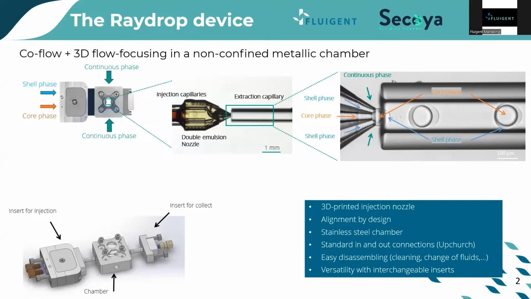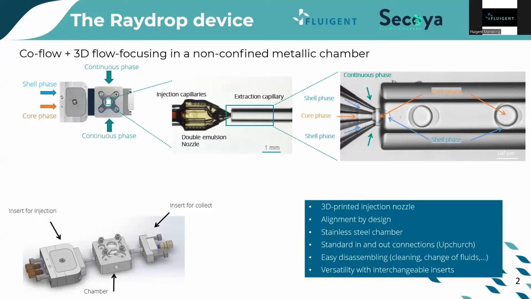So as Jan presented, he's using a homemade device based on the alignment of two capillaries, glued together to make a double emulsion. And the idea today is to present you a new device that we have developed in collaboration with Sequoia called the Ray Drop.